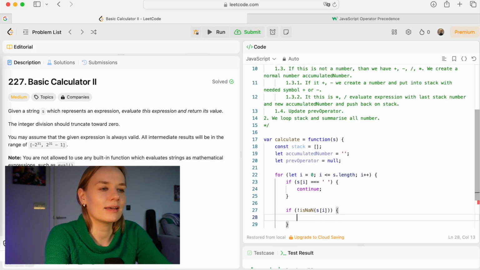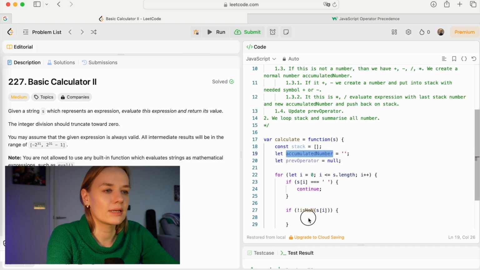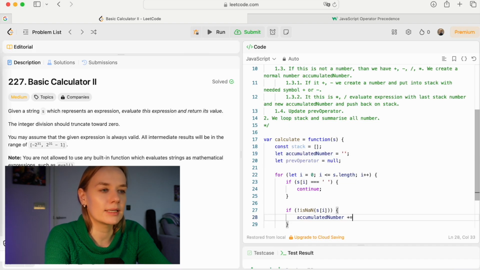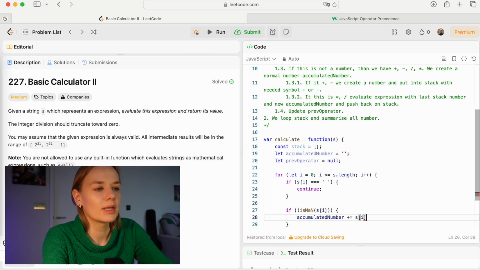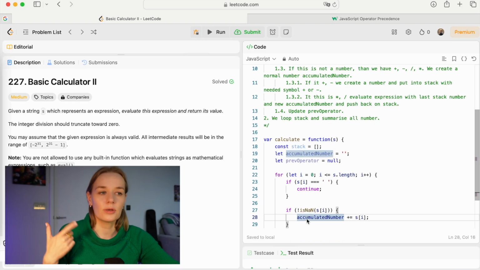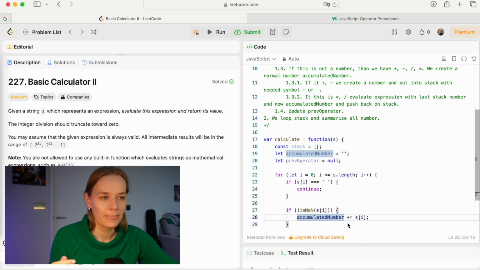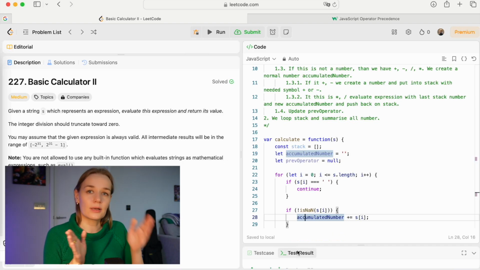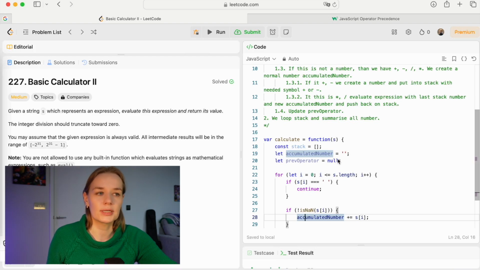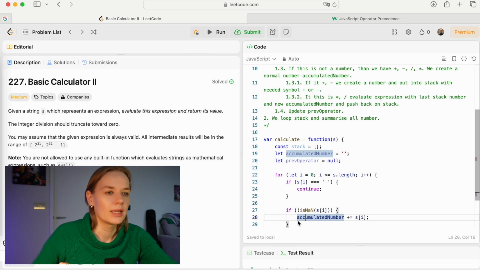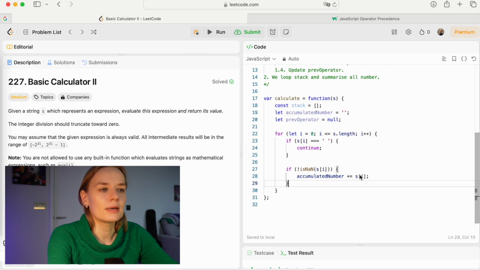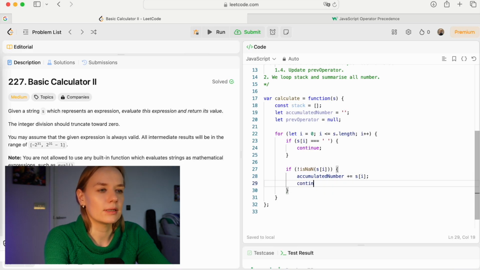In that case, we will always have numbers here, and we accumulate our symbol. So we have accumulated number plus equal s of I, and it will be a concatenation because these are strings, not numbers yet. Later, here we also do continue.